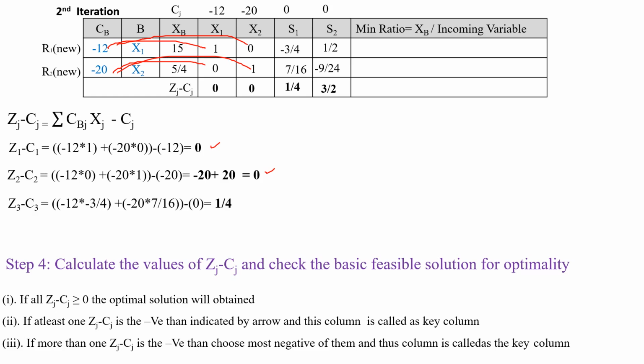And the next one is Z3 minus C3 for the s1 variable, which is equal to minus 12 into minus 3 by 4 plus minus 20 into 7 by 16 minus 0, which is equal to 1 by 4. The next one is Z4 minus C4 for the s2 variable, which is equal to minus 12 into 1 by 12 plus minus 20 into minus 19 by 4, which is equal to 3 by 2.